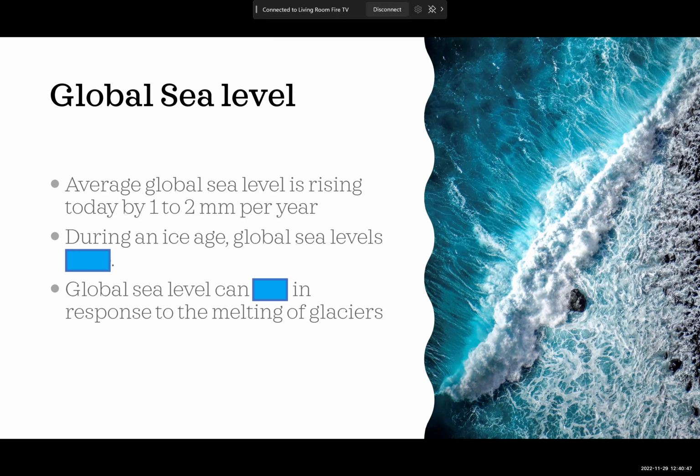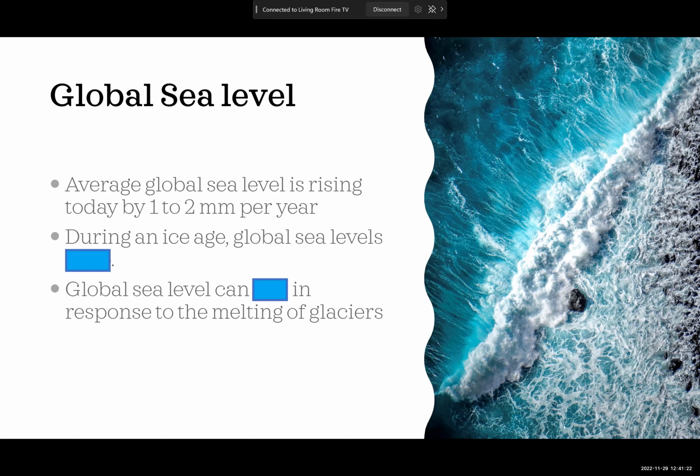Here's your millimeters on this side. This is a centimeter from here to here. So 1 to 2 millimeters would be from here to there, rising by that much per year. Everybody see it? Is it a lot or a little? It's a little. Over time, it can get to be a lot, right? So that's what we're dealing with, this very little movement in rise at the moment.